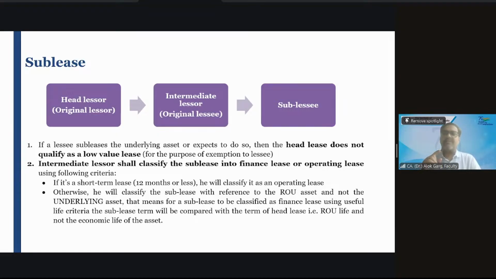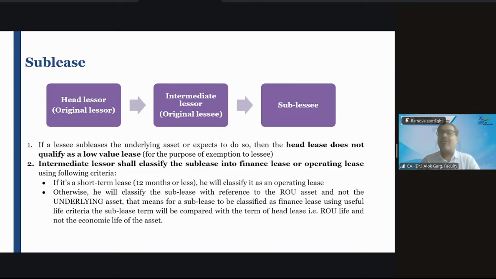In the first contract, I am the lessee and the lessor is the one who has given me this building on a lease basis. In the second lease contract, which is a sublease contract, while I am the lessee, I will also become a lessor.